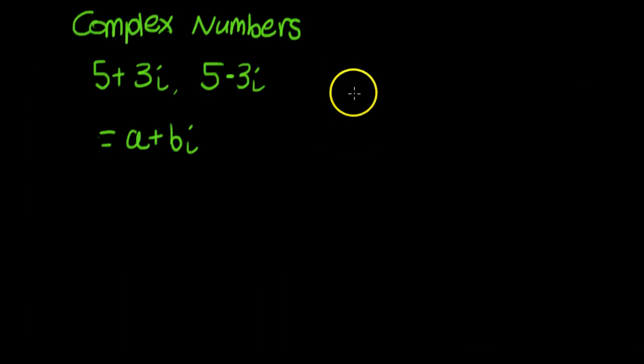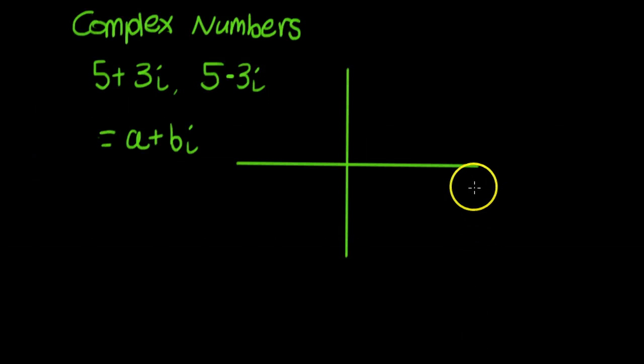The way to do that is to graph it on a scale which looks like a Cartesian system, but this horizontal axis we call the real part, and this vertical axis we call the imaginary part.